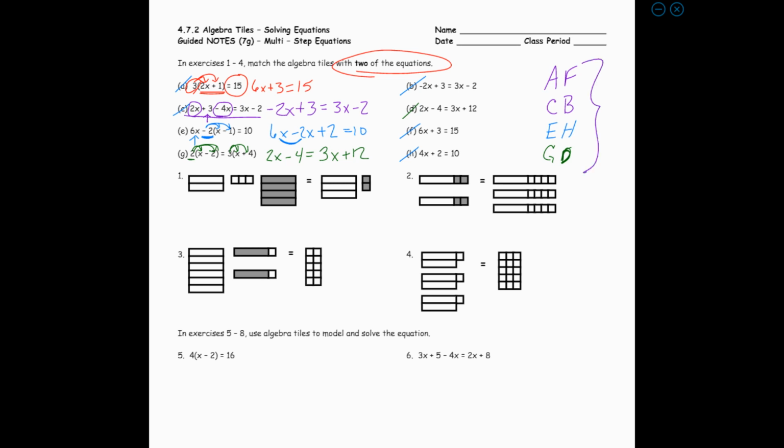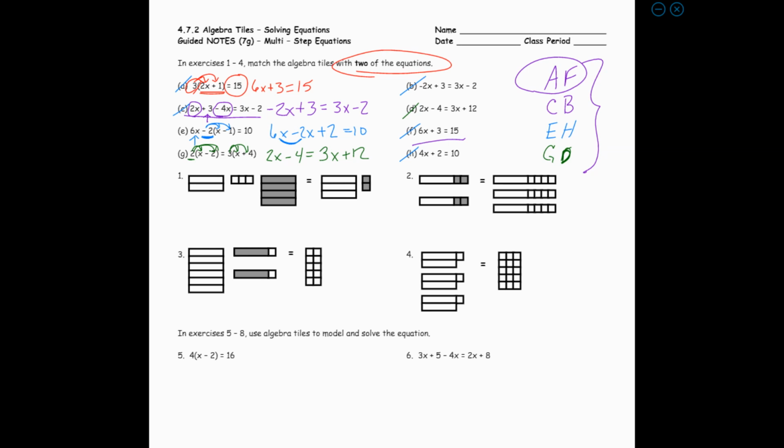We matched them all. We need to match these pairs with which algebra tiles represent them. So A and F say 6x plus 3 equals 15. So which of these, 1, 2, 3, or 4, is 6x plus 3 equals 15?